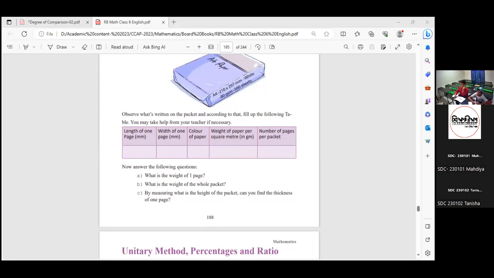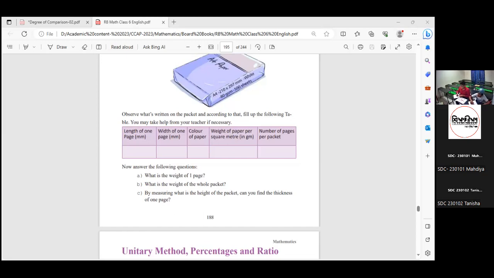So I mean first একটা কোশ্চেন হচ্ছে what do you understand by 60 GSM? It's a first question.